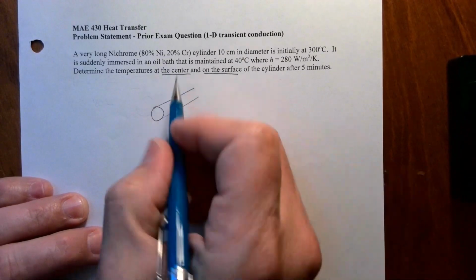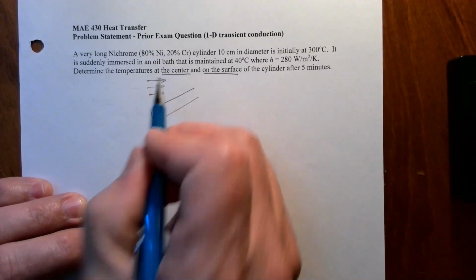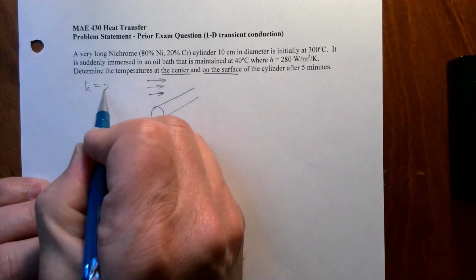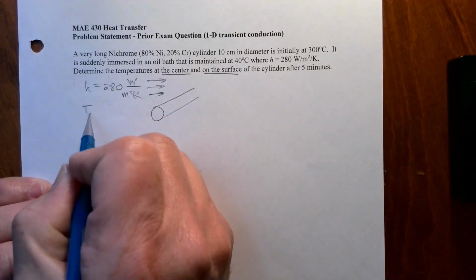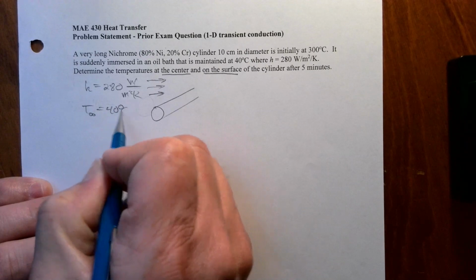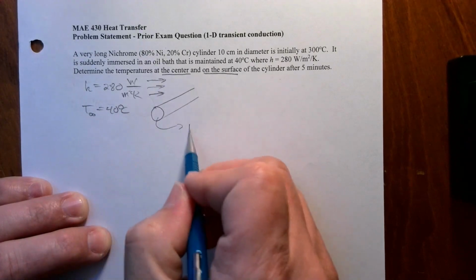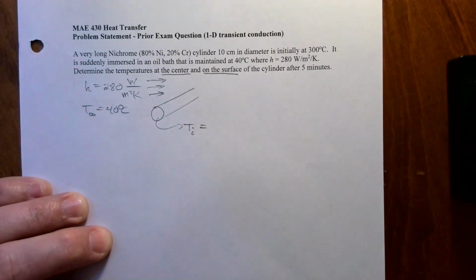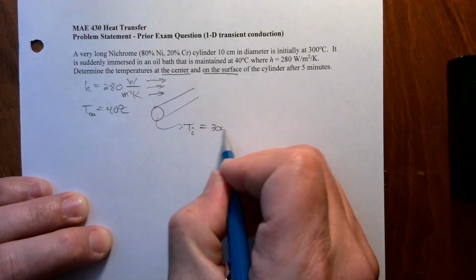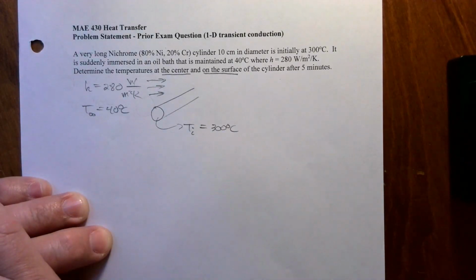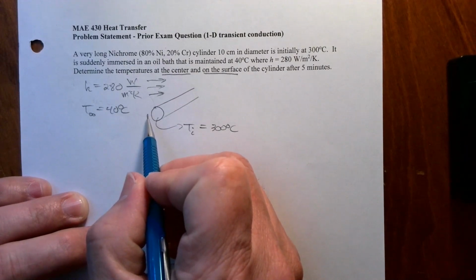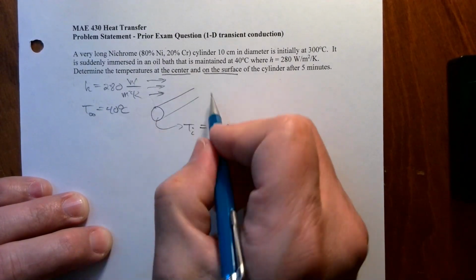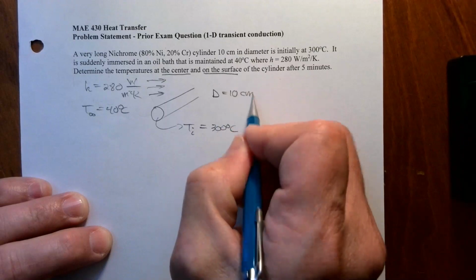Alright, so I'm going to draw our cylinder. Convection, h is equal to 280 watts per meter squared K. T ambient was 40 degrees C. This thing starts off initially at a uniform 300 degrees C, so it starts out pretty hot, and then we're going to start to quench this. The diameter D is equal to 10 centimeters.